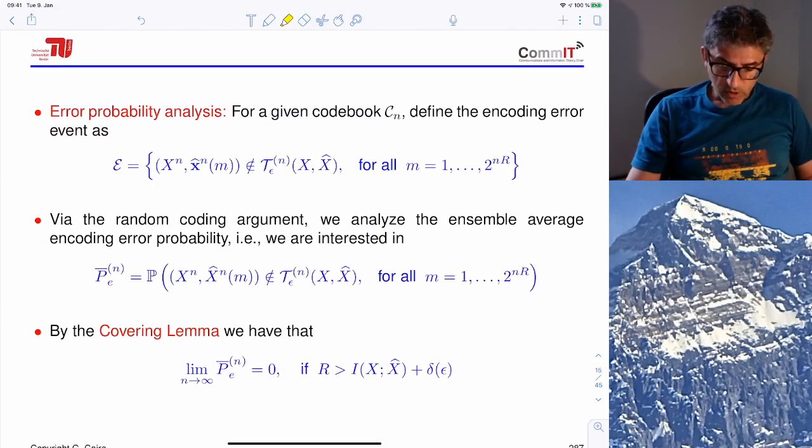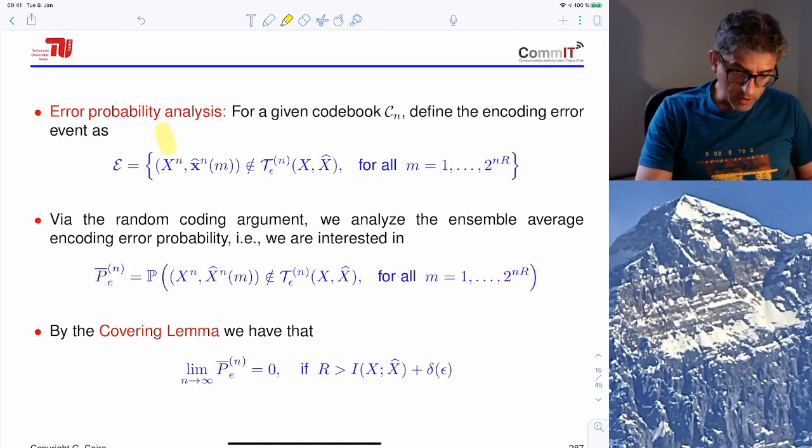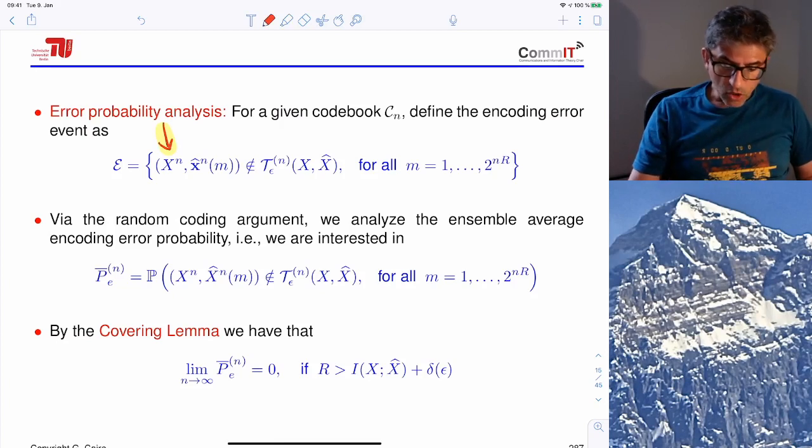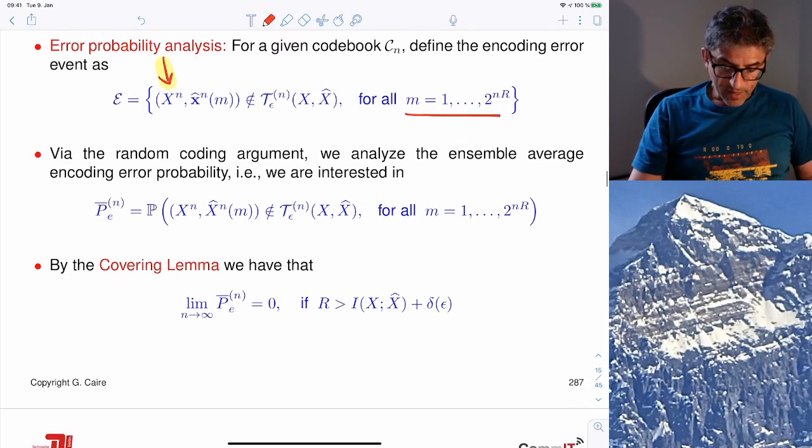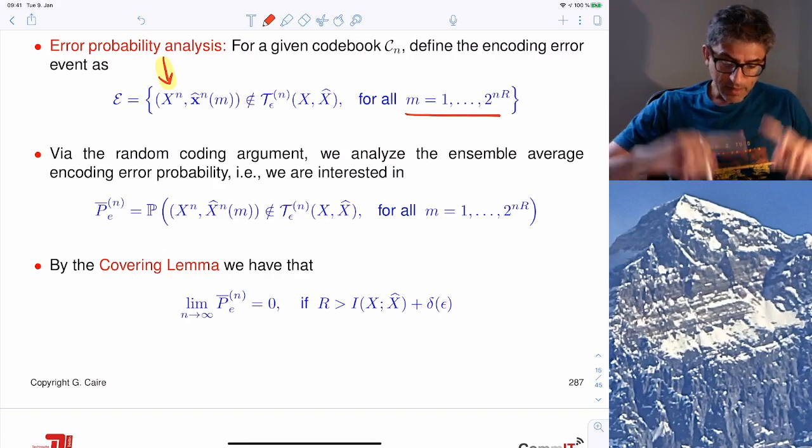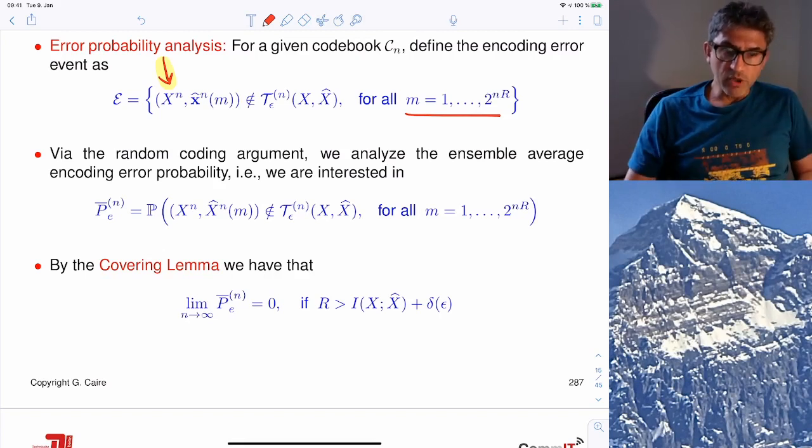So in other words, the error event is the event that a randomly generated source sequence is not jointly typical with any code word in the codebook. And then we can analyze the ensemble average probability of error by averaging over all randomly generated codebooks.